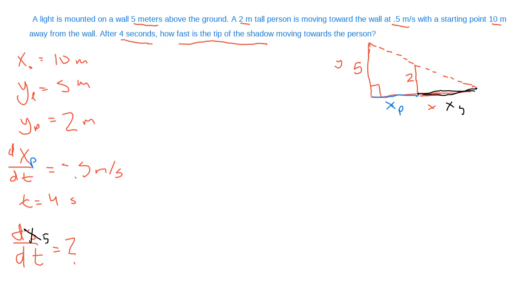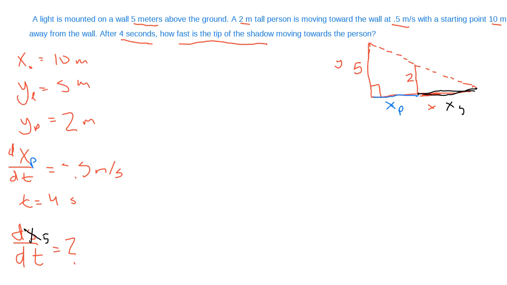One thing we can see right here is that we actually have similar right triangles, since we have this big one with the height of 5 and the length being that total x, and we also have this smaller one with the height of 2 and the width being x sub s. So we can create a proportion.